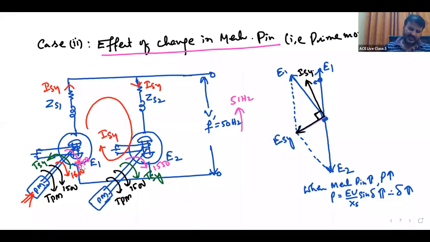Then the synchronizing torque decelerates the first machine and accelerates the second machine, such that set speeds and set frequencies are equalized. But if the mechanical power input of any one machine increases, set speed increases and set frequency will increase. To maintain the same frequency, what to do? Decrease the mechanical power input of the second machine. Let me write all these conclusions.